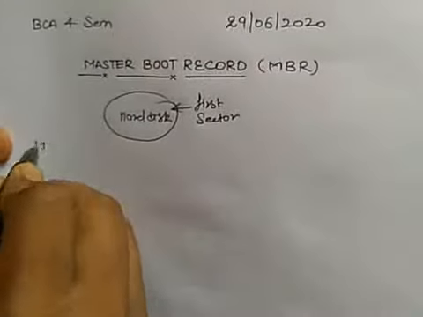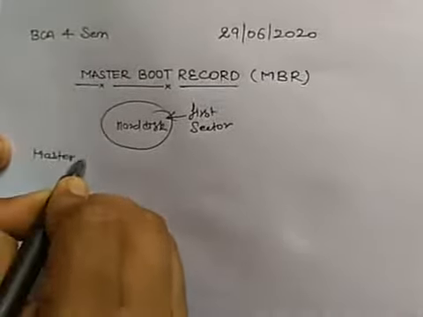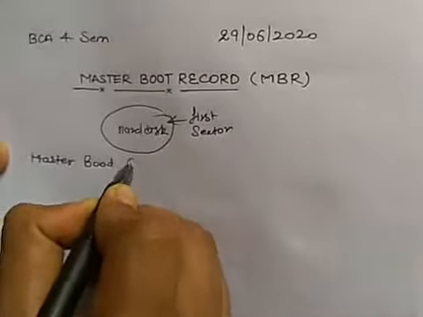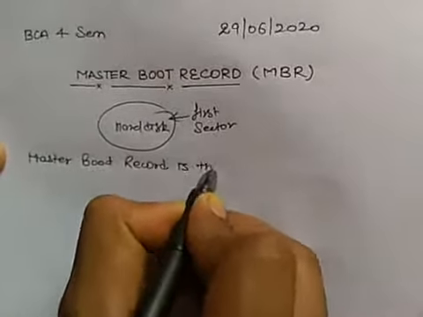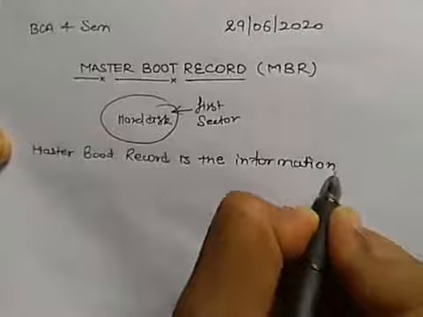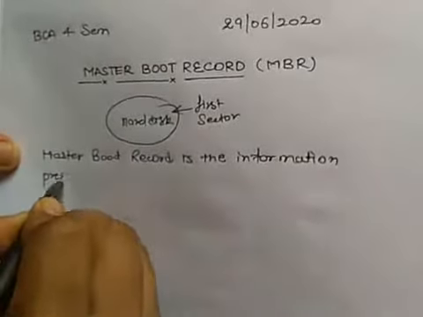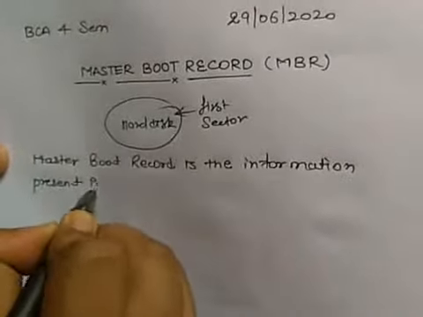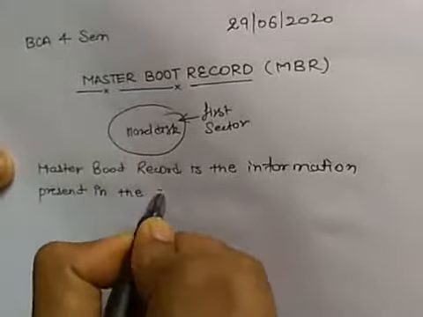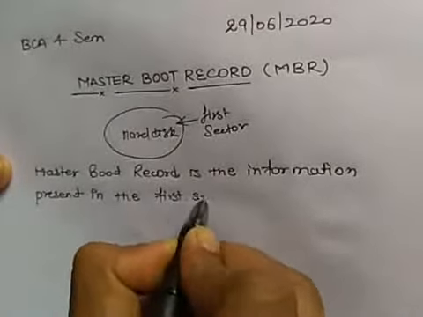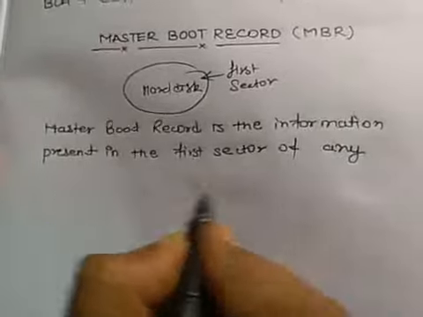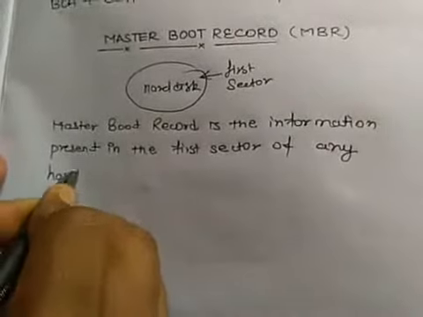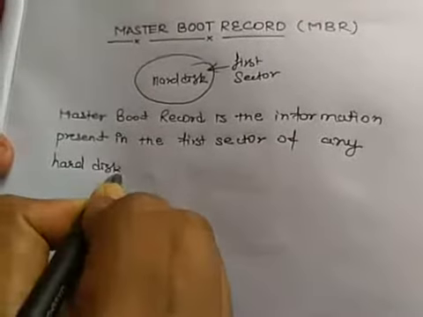Now we can say that master boot record is the information present in the first sector of any hard disk.